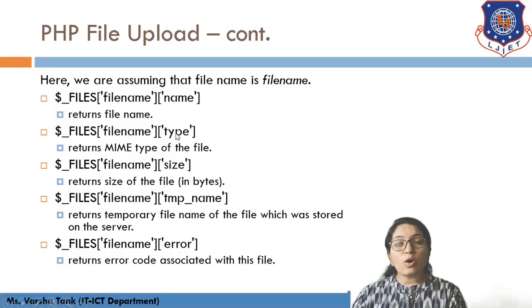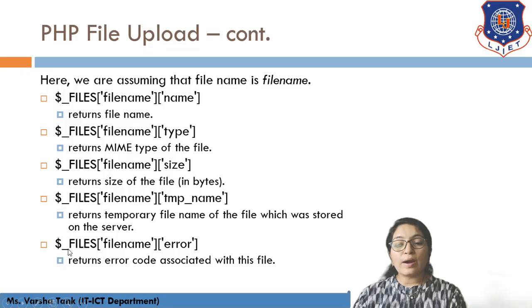Now next is type. $_FILES['file']['type'] returns the MIME type of the file. Then $_FILES['file']['size'] returns the size of the file. Then $_FILES['file']['tmp_name'] returns the temporary file name of the file which was stored on the server.